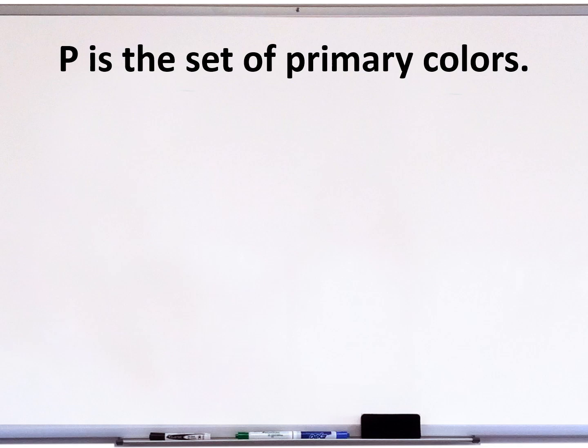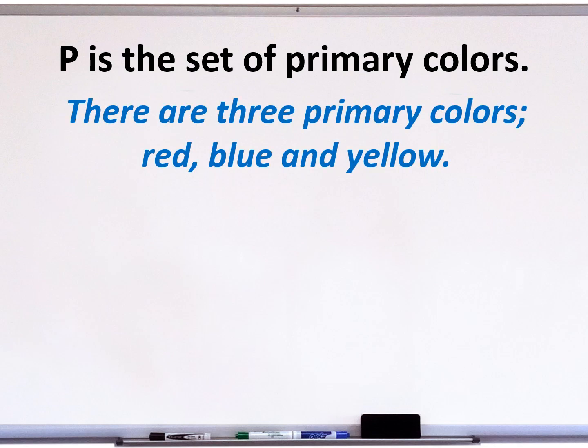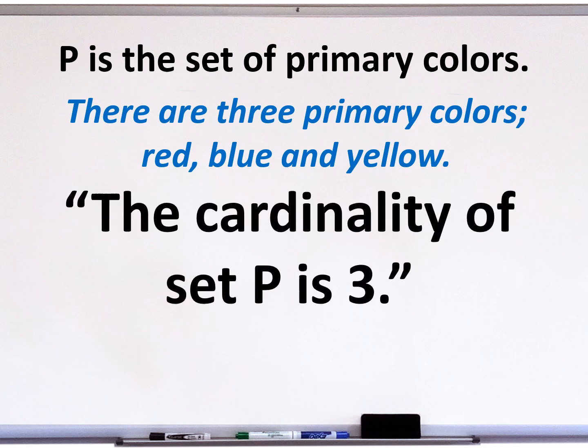Let us now proceed with this example. P is the set of primary colors. If you're going to think of the different primary colors, they are the following: we have the red color, the blue, and the yellow. Since there are only 3 primary colors in the given set, the cardinality of set P is 3.